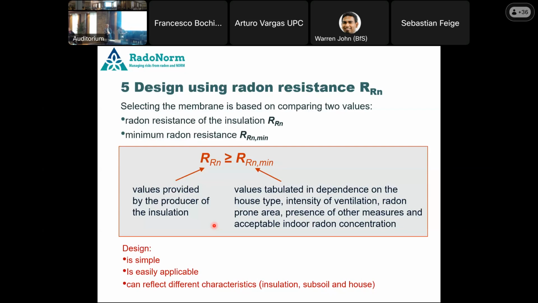The radon resistance of the product is a value prescribed by the producer in the technical data sheet, and we just compare this value with the minimum value, which can be prescribed on the national basis. It can be tabulated, or we can have some detailed calculation of the minimum value. So it will depend on the national habits, for example.